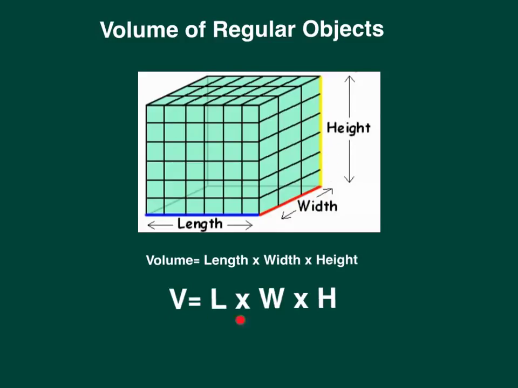I can then use a mathematical formula to find out the volume of this cube. So the formula I use is volume equals length times width times height. A mathematical formula is basically a representation in symbols.